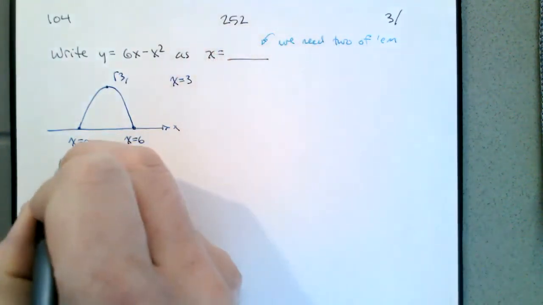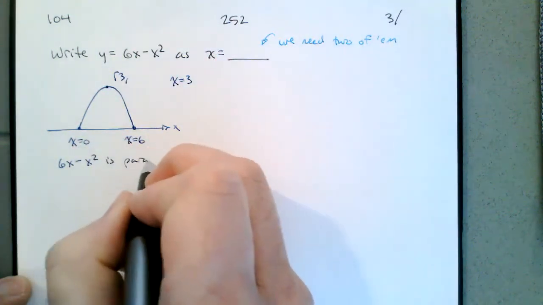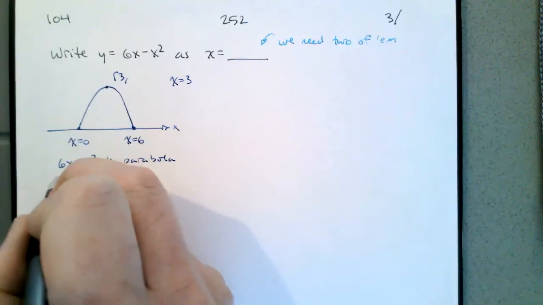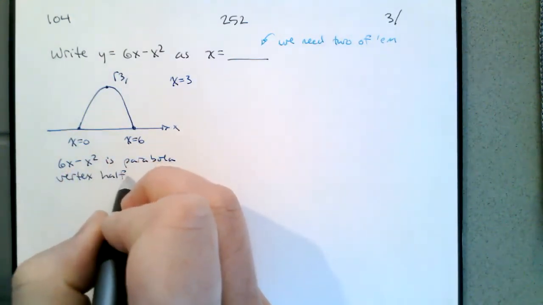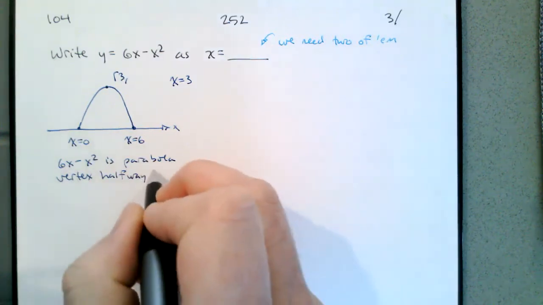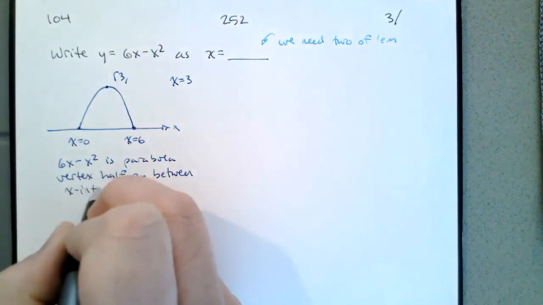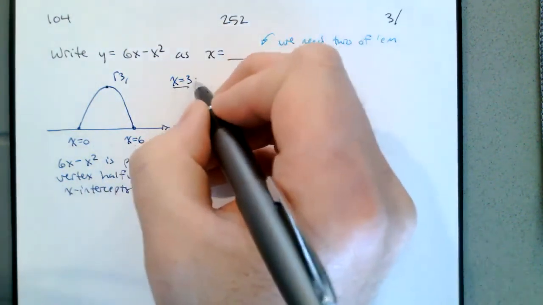So 6x minus x squared is a parabola. The vertex will be halfway between the x-intercepts. So the vertex is at x equals 3.